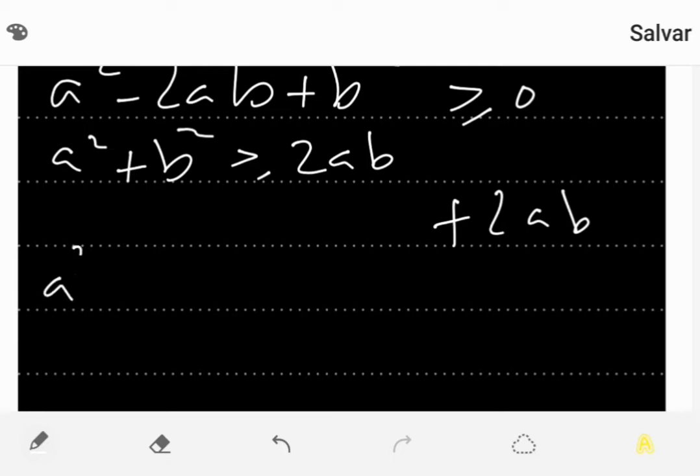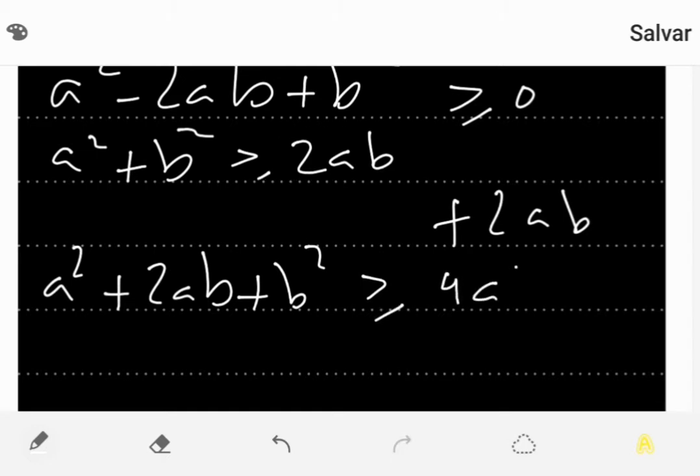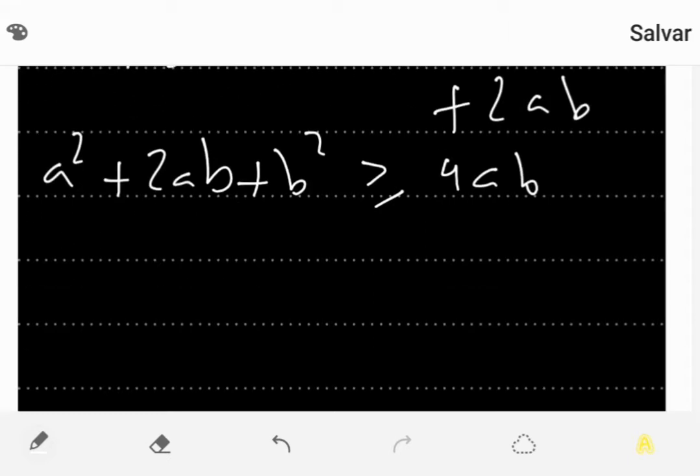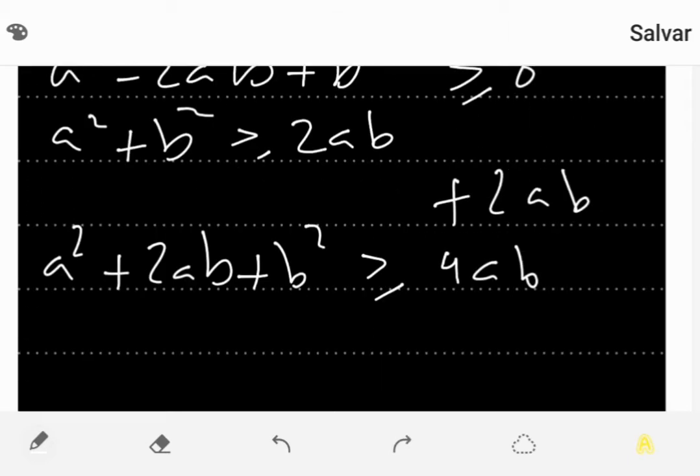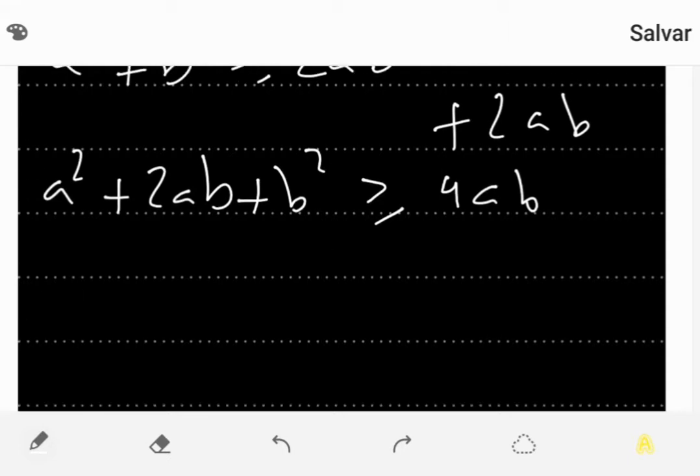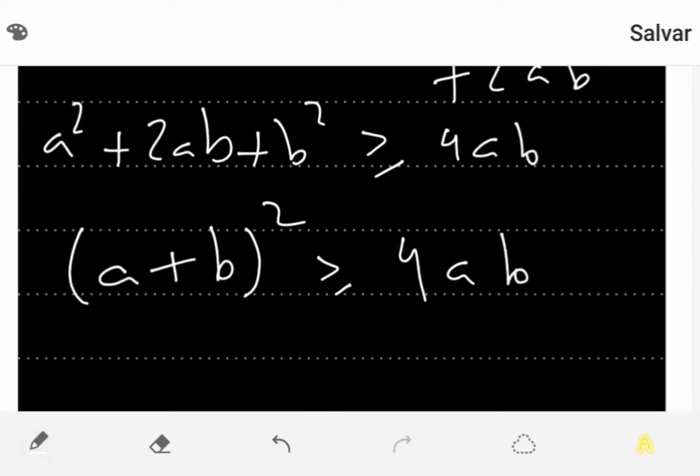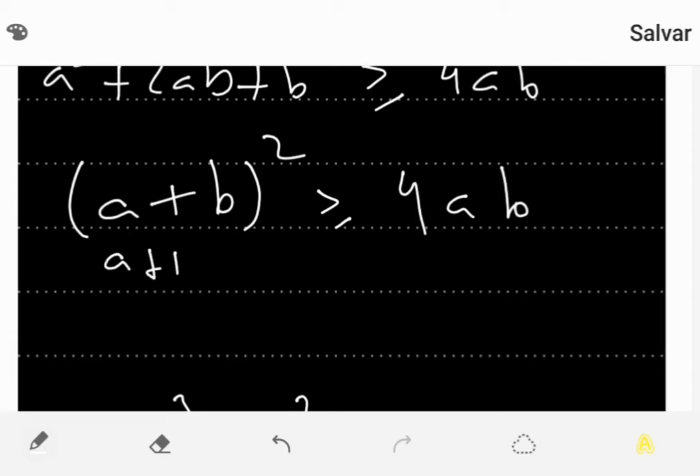So we have A squared plus B squared plus 2AB is bigger or equal to, and we add 2AB over here, so 4AB. So I just added 2AB to both sides, so adding doesn't change anything. So this is a perfect square. A plus B squared is bigger or equal to 4AB. Okay, so A plus B divided by 4, this squared, is bigger or equal to AB.